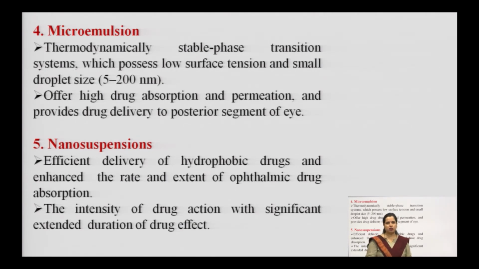Thermodynamically stable phase transition systems, which possess low surface tension and small droplet size, offer high drug absorption and permeation, and provide drug delivery to the posterior segment of the eye. The outer side is considered the anterior segment, and the back side of the eyeball is considered the posterior segment. So, basically these microemulsions target the posterior side of the eye, right.